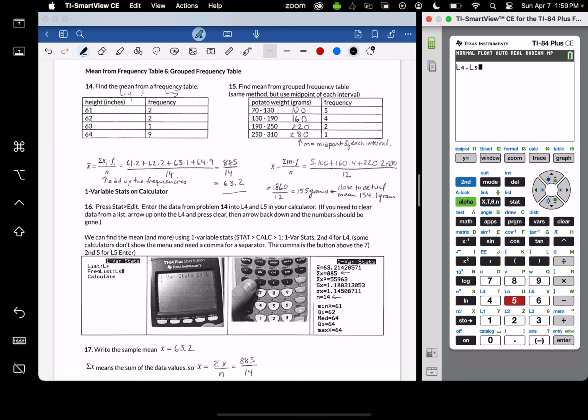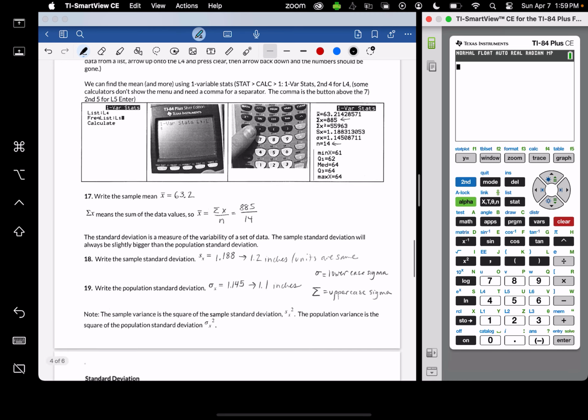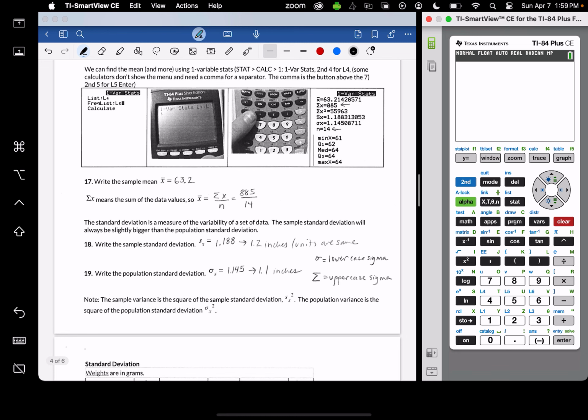And that one variable stats command comes up, and then the result that you see over here should be the same. So just showing you that different calculators may behave differently. And if you have issues, feel free to check in with me or go to the STEM Learning Zone and they can help you.